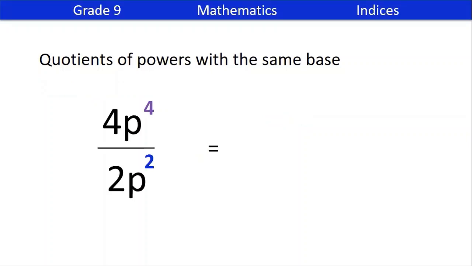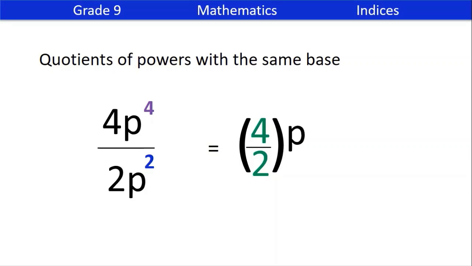So let's try out an example with the studied law of indices. Here we need to divide 4p to the power 4 by 2p to the power 2. And first of all, there are two numbers, 4 and 2, so first of all we need to divide 4 by 2. And next, we need to divide p to the power 4 by p to the power 2. Here, guys, we can see there is the same base p, and we need to have the quotient of the two powers with the same base.